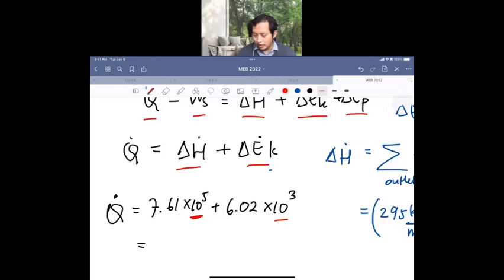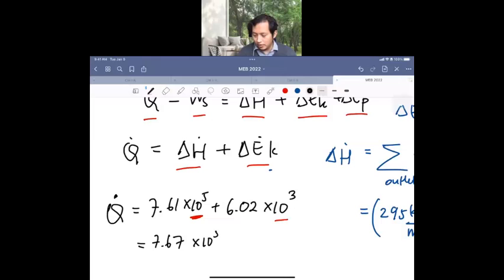So your enthalpy will be more significant than the kinetics or even the potential. Potential is very small actually. Kinetics may be a little bit heavy, but not as heavy as enthalpy. So if we take this, it's not very significant. It's still in the digit of 7.6 something, just changing several decimals, right?